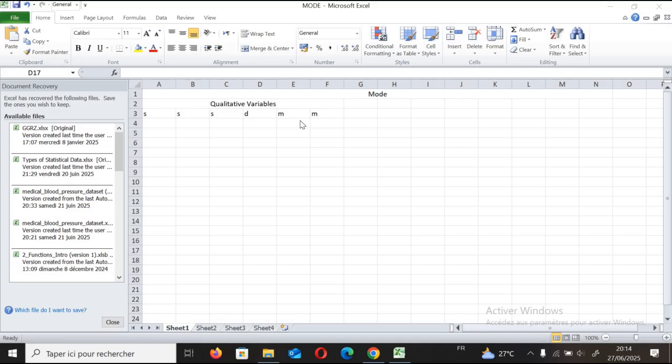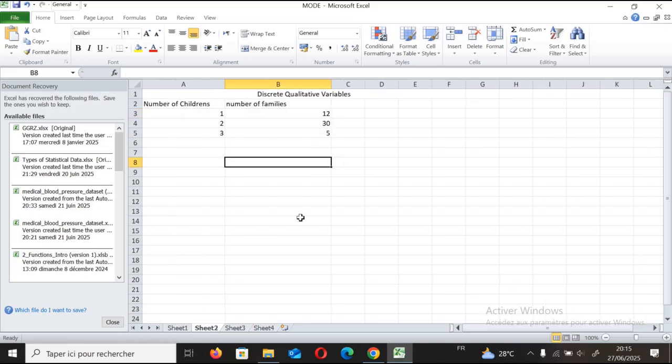That means the most frequent value, or the most familiar situation, is that most people are single. This is the mode. The mode is single. This is the most frequent value.